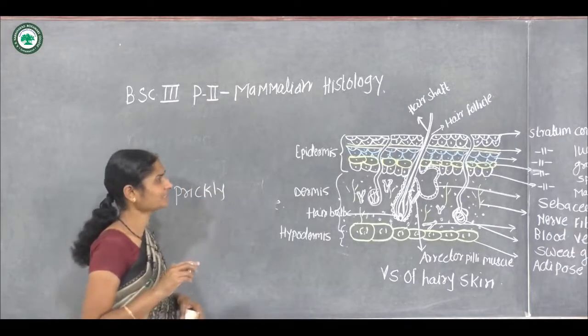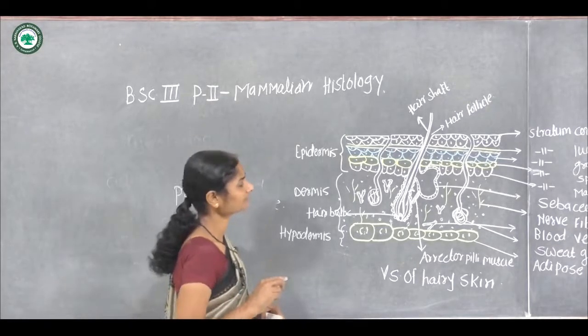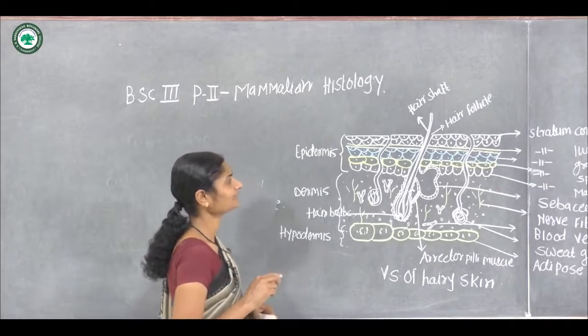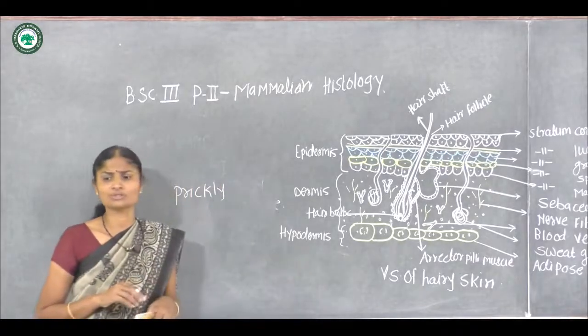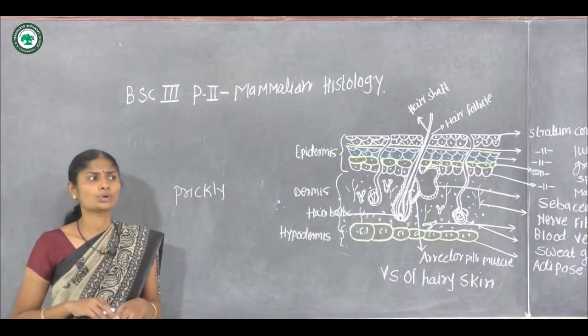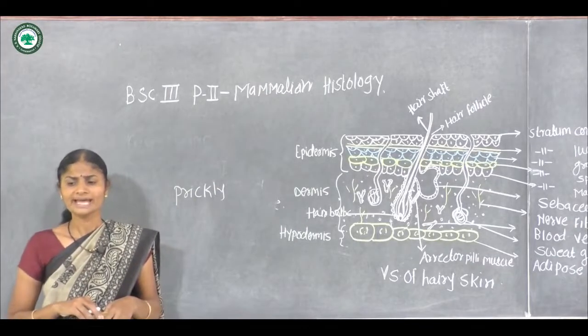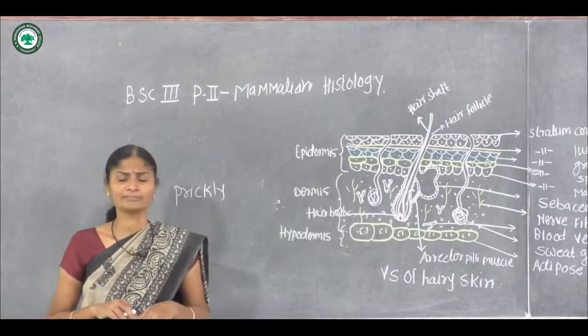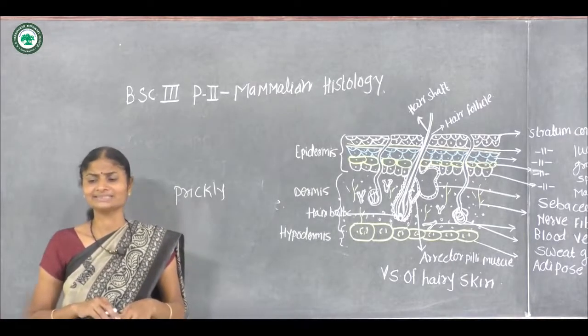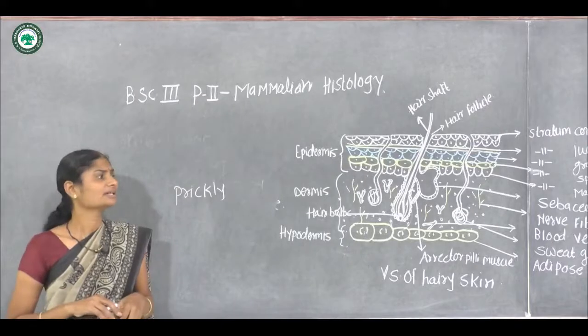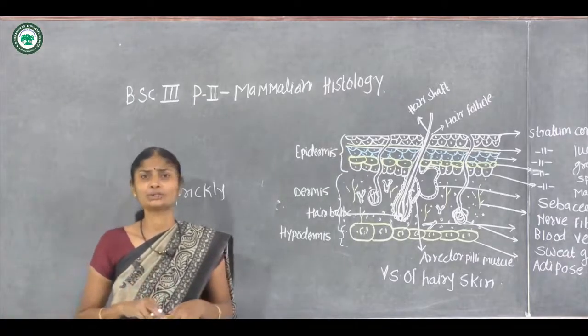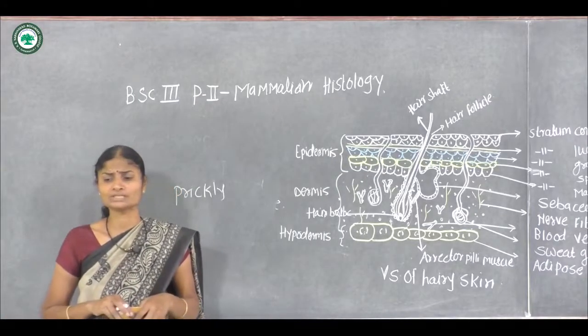Next layer is the stratum granulosum. In this layer, progressive maturation of keratin is present, and this keratinization contains keratohyalin granules.